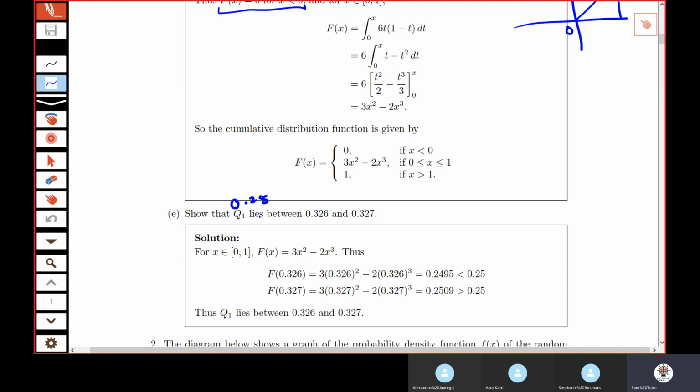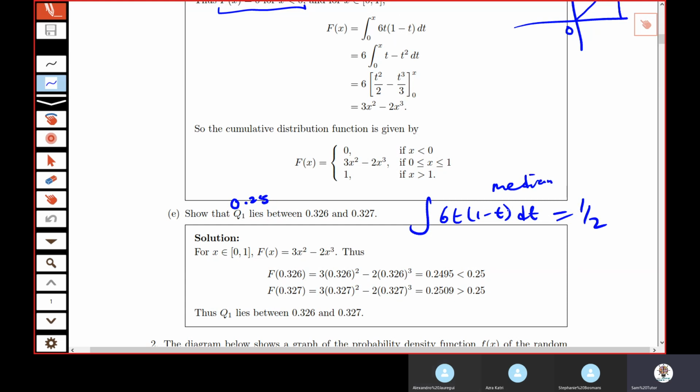Now, try to remember, how did we find quartiles? How did we find our medians? Didn't we find our medians by integrating? And when we were integrating, what are you actually finding? So when you're integrating the function 6t, what are you actually finding, Alex? When you're saying let's integrate it, and that needs to equal a half for medians, what are you actually finding?